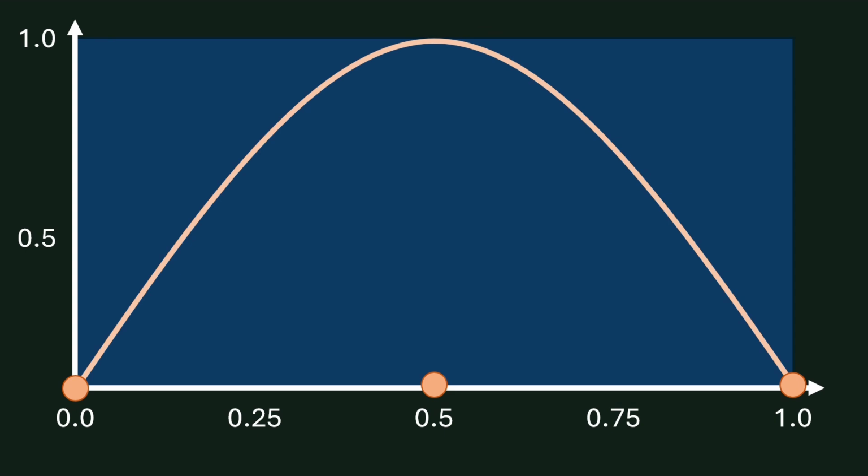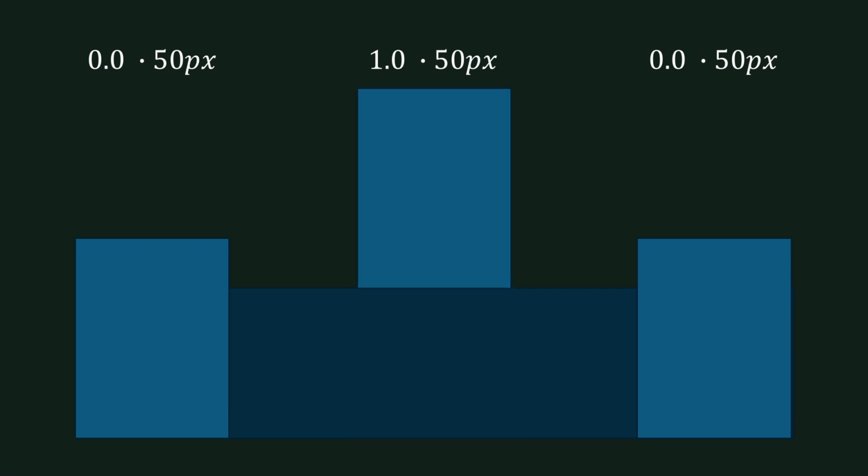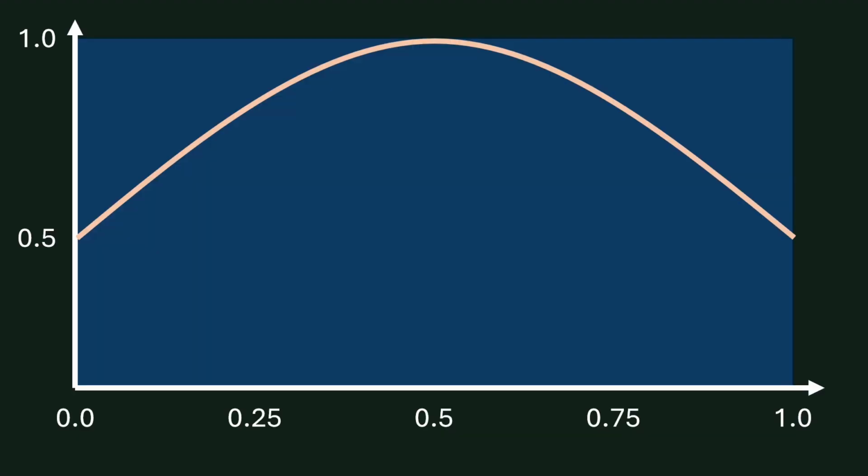For the first and last cards, that is 0.0, but for the middle card, it is 1.0, which means 0% and 100% elevation respectively. If we have 50 pixels maximum elevation, the result looks like this. The first and the last cards won't be elevated because you multiply with 0, but the middle card becomes fully elevated.